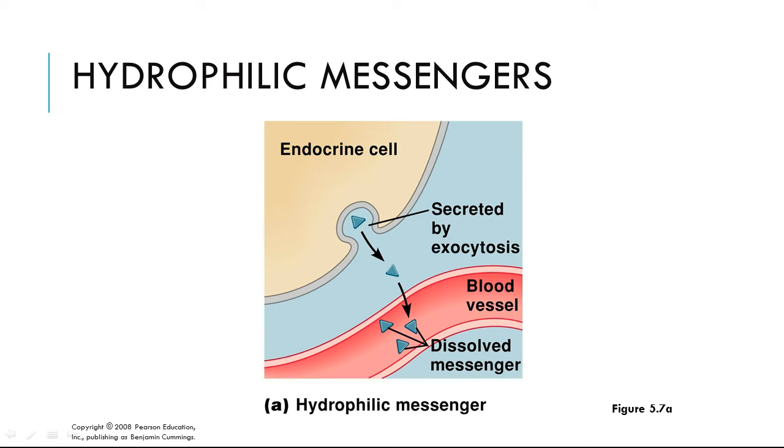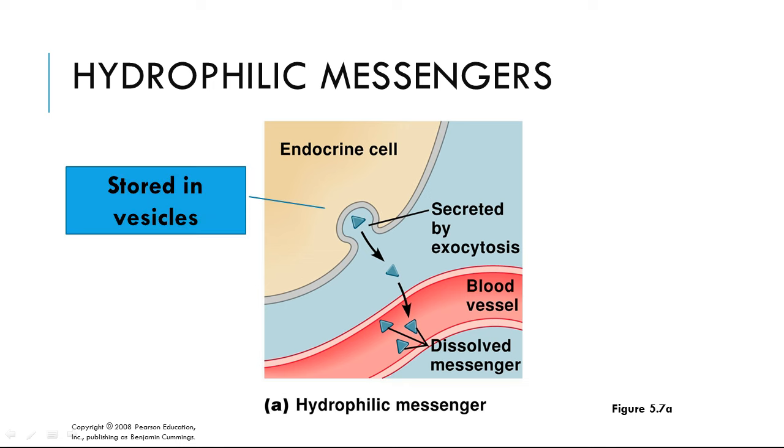Your hydrophilic messengers. Here we have an endocrine cell that could have just as well shown a nerve cell secreting a messenger across a synapse. Okay, but we'll look at, say, peptide hormone. So the endocrine cell, the hydrophilic messenger, they can be stored. So my body can make insulin and store it in things called vesicles.